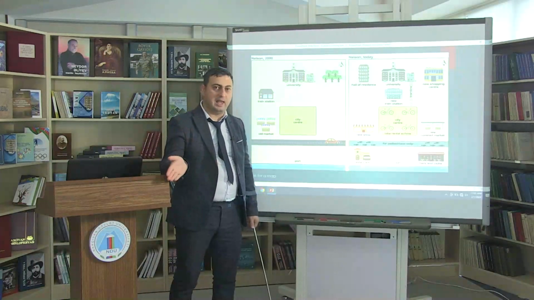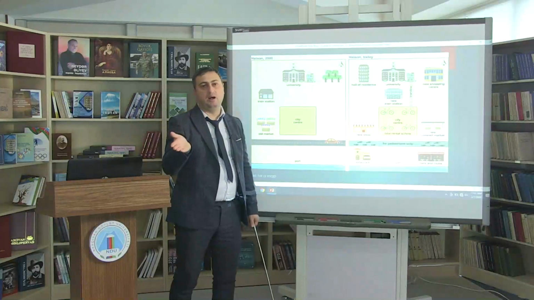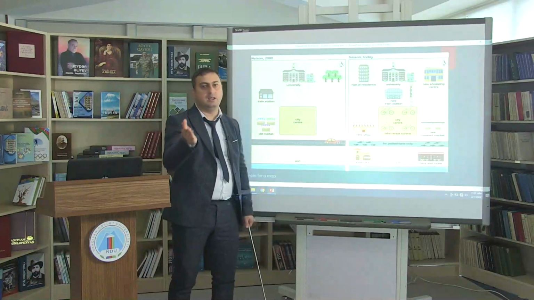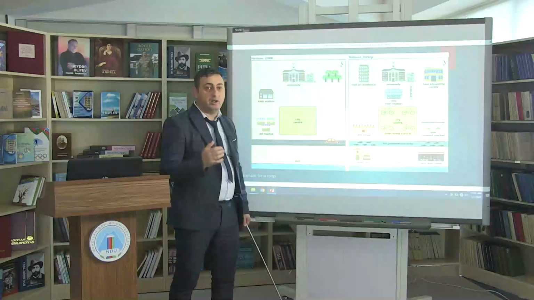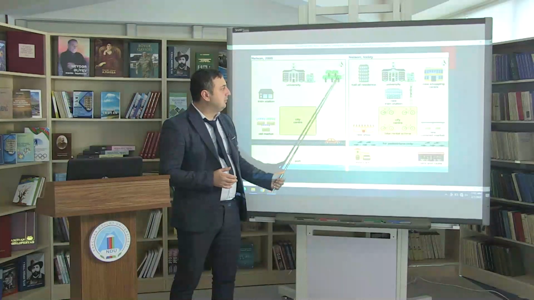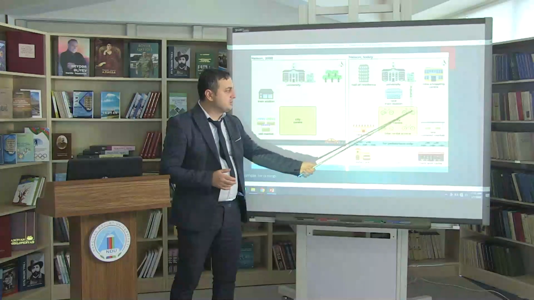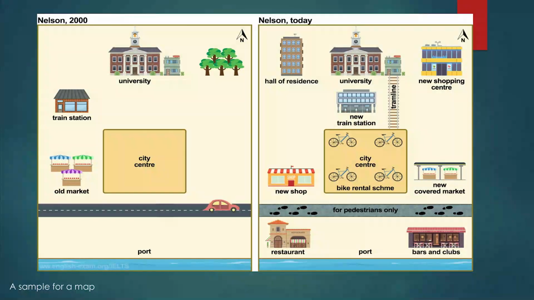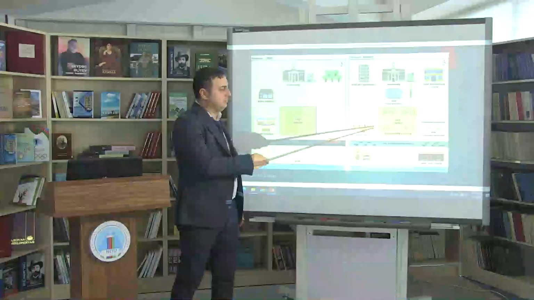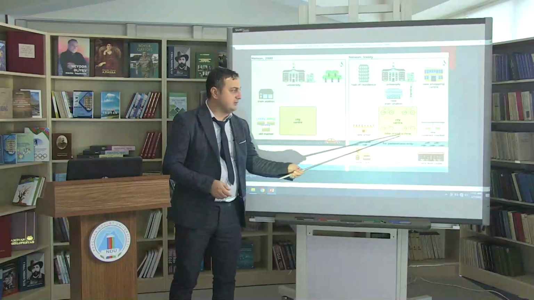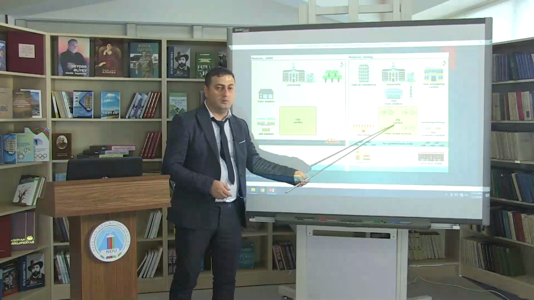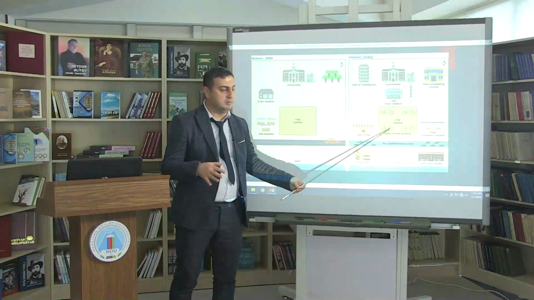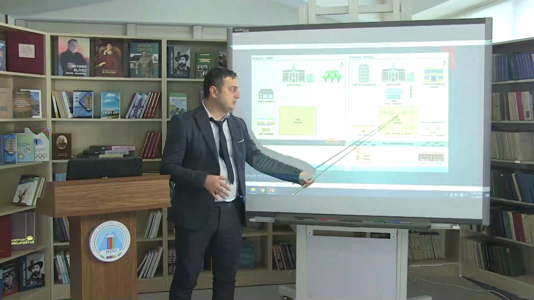Direction words are on the left, on the right, behind, in front of, beside, next to, and many other words like this. And then from the university, as we see, there is a city center in both pictures, but in these pictures, a bike rental scheme is a novelty.